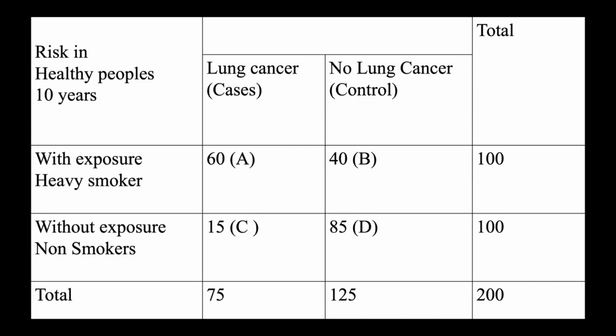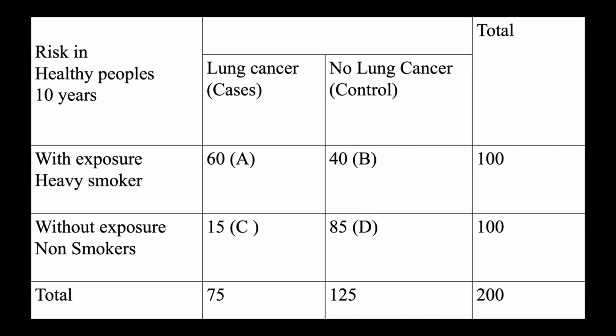Suppose risk, this is another example of this. Risk in healthy people for 10 years, lung cancer and no lung cancer, then you control. With exposure to heavy smokers, there are 60 cases of lung cancer and 40 without, the total is 100.